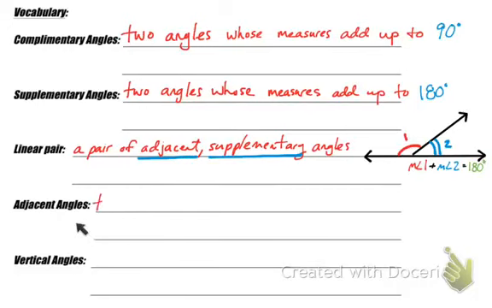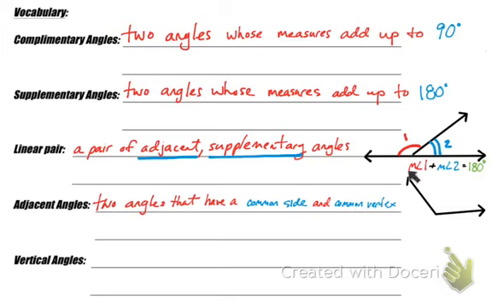Now adjacent angles are two angles that have a common side and a common vertex. And a linear pair is a very specific version of adjacent angles. So if we were to draw that out, here is a bent angle, not like the straight angle we started with.